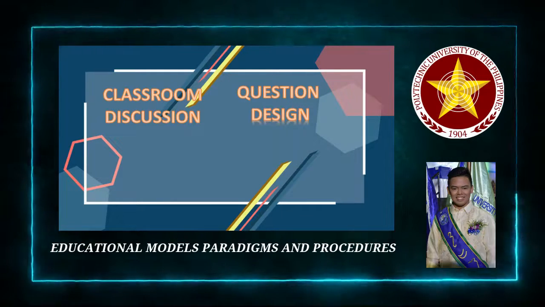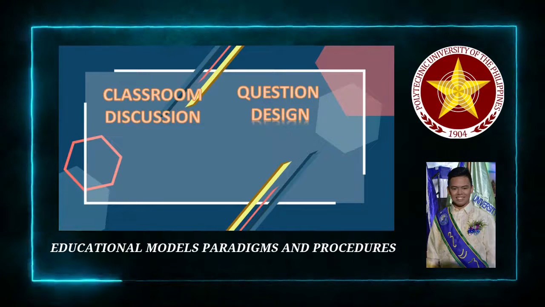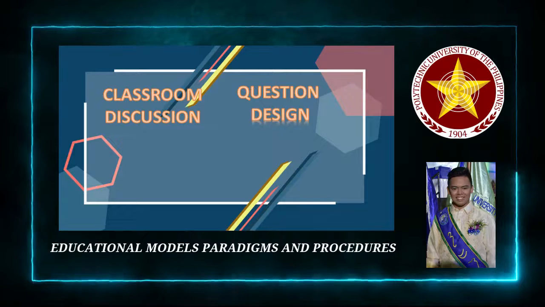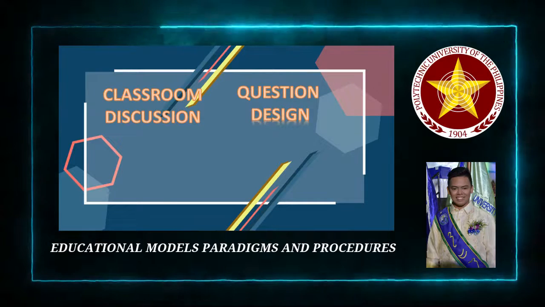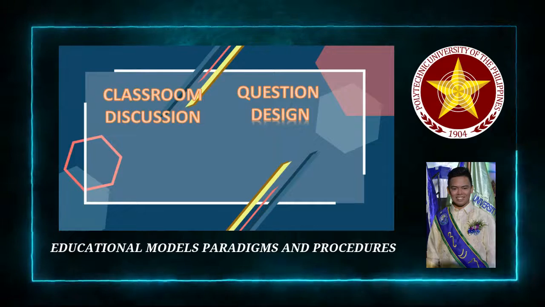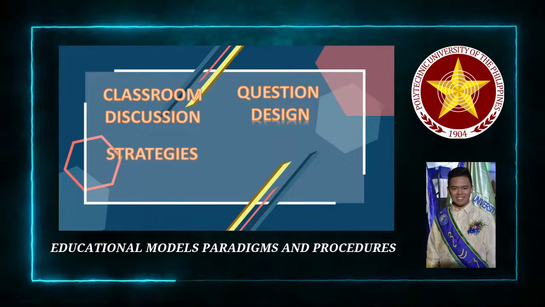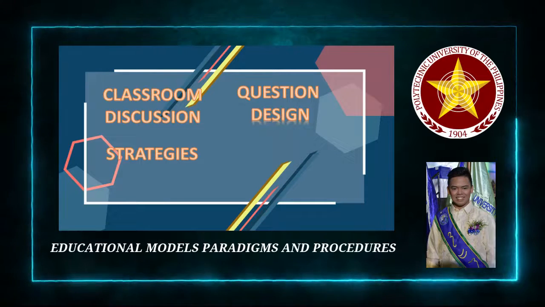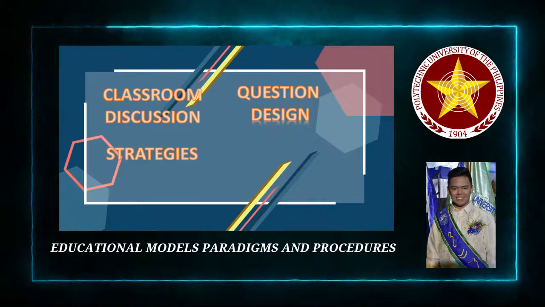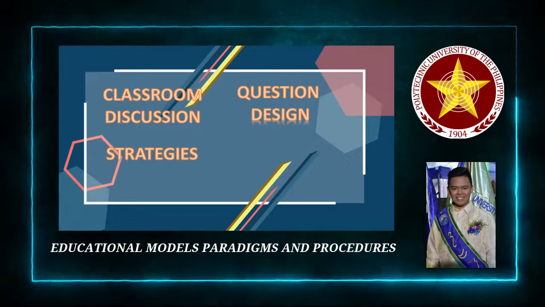And there should be an elaboration of every student's answer. The next one is the strategies. In the strategies, you can have concentric circles. We can have fish bowls, or we can do a gallery walk, and we can do some round tables.